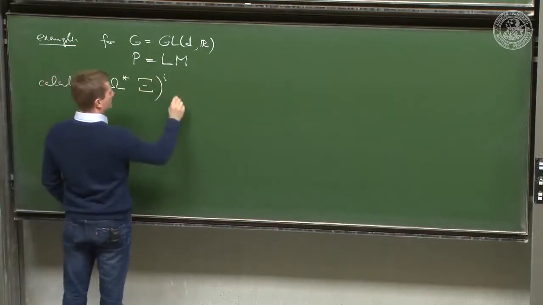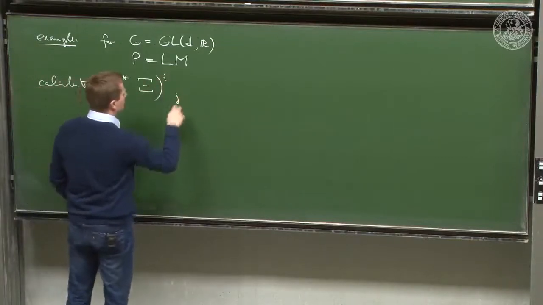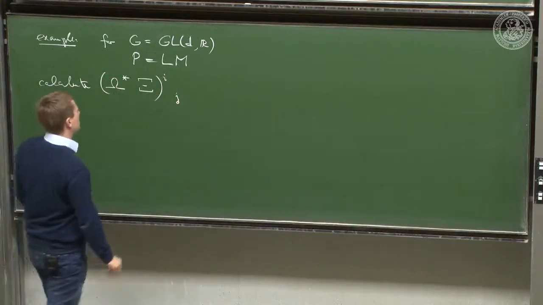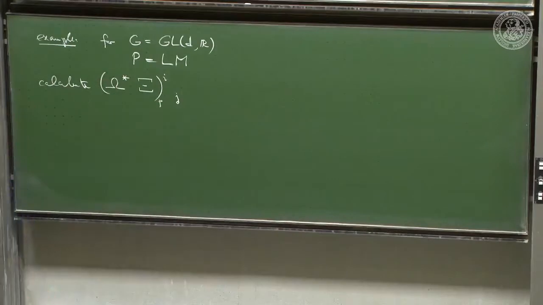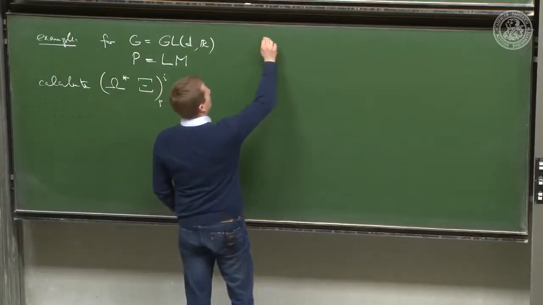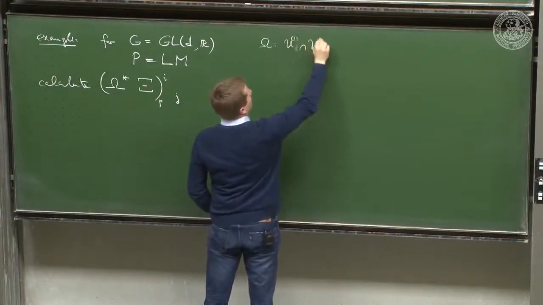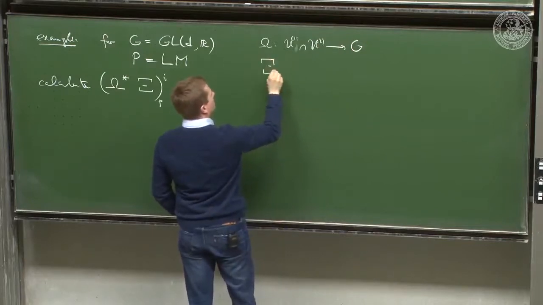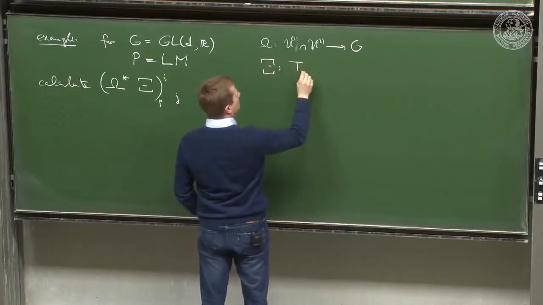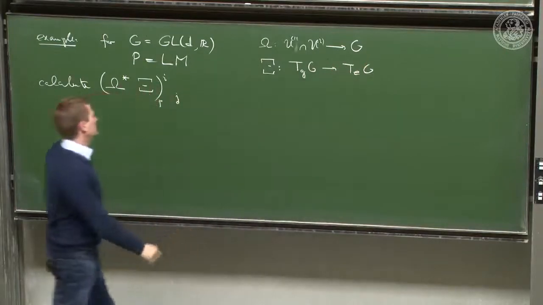Of course, the result will again have these indices because the Maurer-Cartan form is Lie algebra valued. So we have this, and we do this at the point P. And we remember that the omega itself goes from U1 intersected U2 into the group, and the Maurer-Cartan form takes you from T_G G to T_E G in the fashion described before.